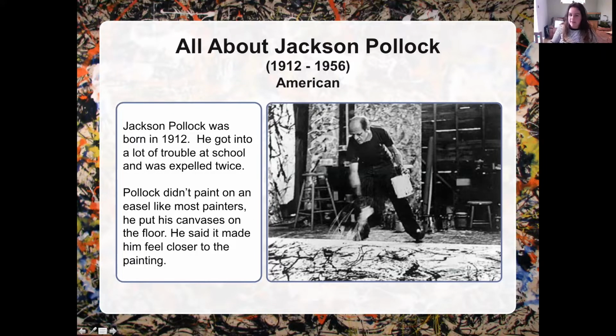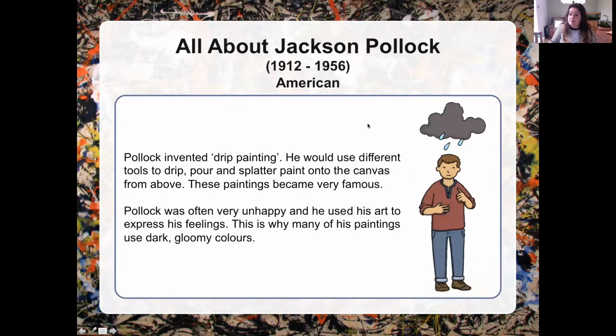Now, just looking at the picture there, looking at the size of him and the size of his artwork, he worked on big scales. He was an American artist, and it was this drip painting that he has this legacy for. This is what he created. He would use different tools to drip, pour and splatter paint onto the canvas from above. These paintings became very famous. Pollock was often very unhappy, and he used his art to express his feelings.